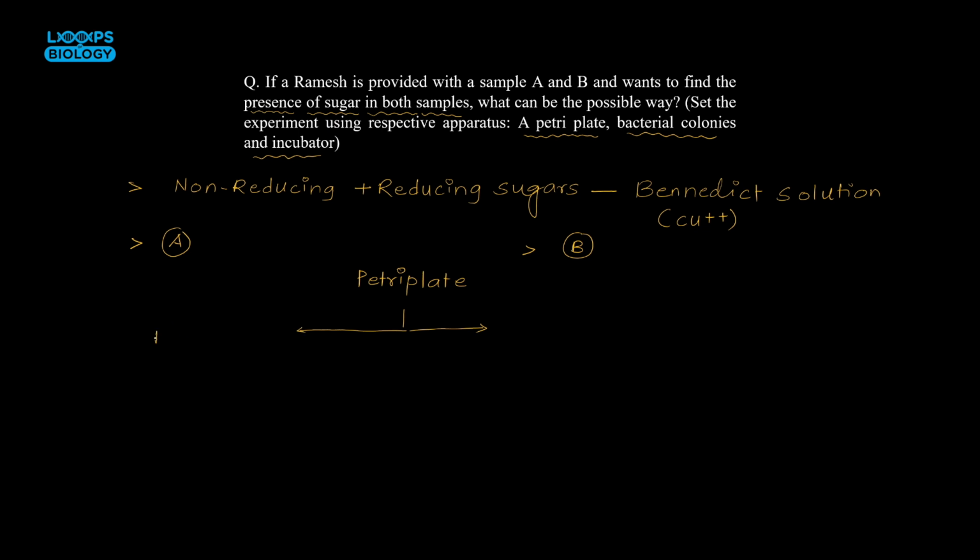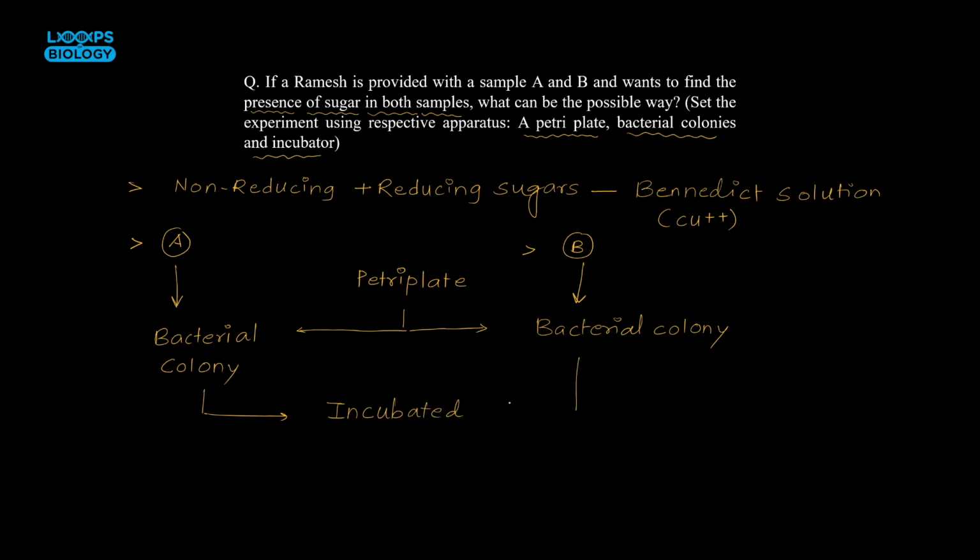Suppose I take one bacterial colony for sample A and another bacterial colony for sample B. After this, I add sample A and sample B on these bacterial colonies and keep them inside an incubator. So I incubated this particular plate.